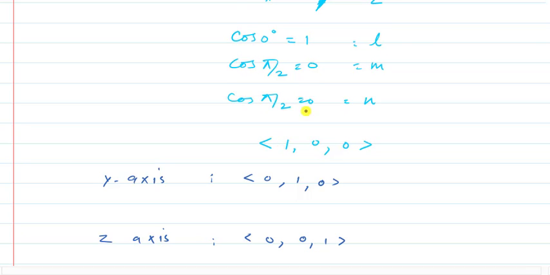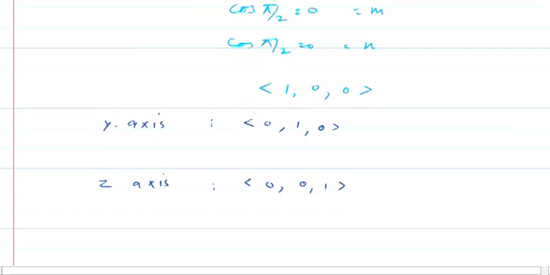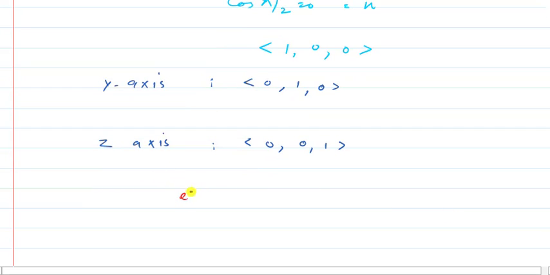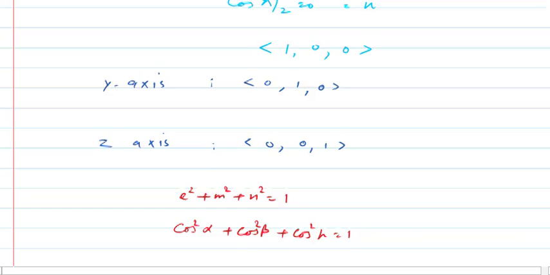One thing more I want to recall here, as I told you in case of vectors also, that L square plus M square plus N square is equal to 1. That means the sum of squares of direction cosines of a line is always equal to 1, that is cos square alpha plus cos square beta plus cos square gamma is equal to 1.